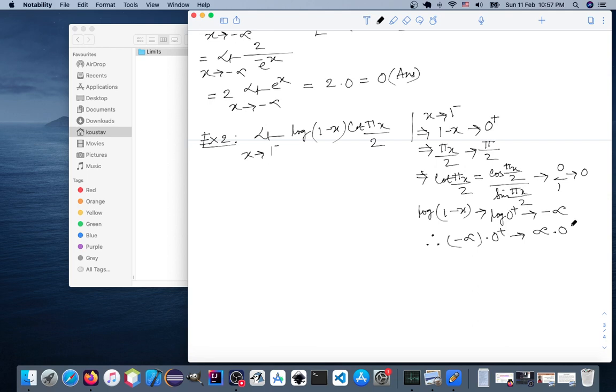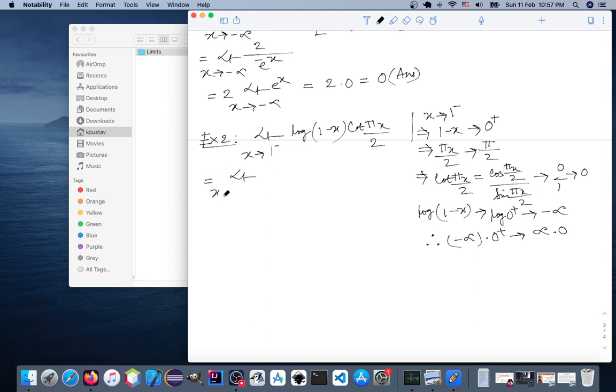Now we need to transform this expression, the given function, into either 0 by 0 form or infinity by infinity form. Since log(1 minus x) is tending to minus infinity, we can keep that intact.